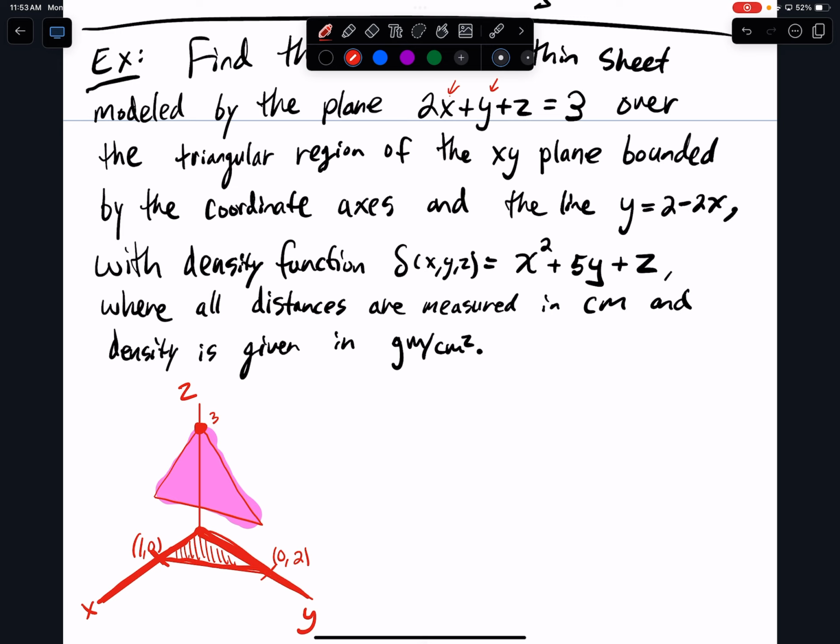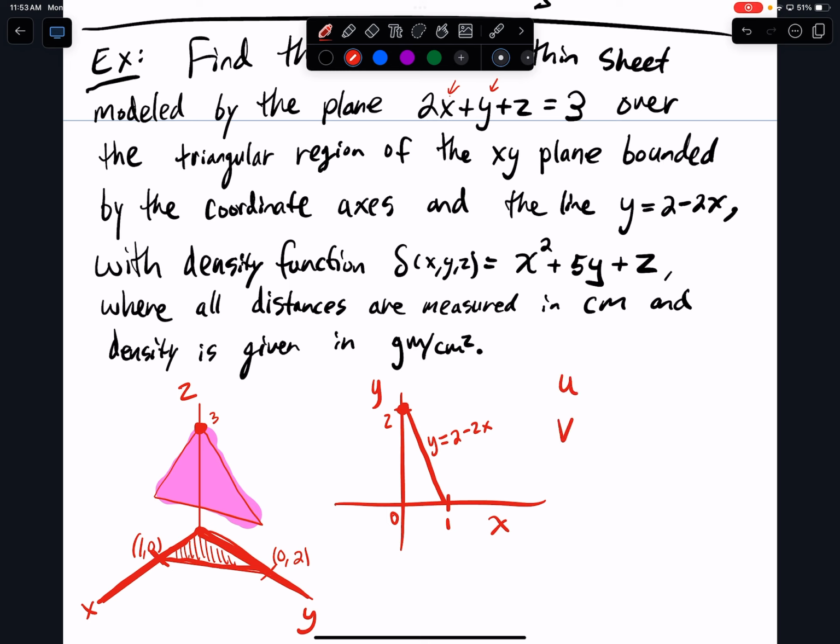All right? So how would I parameterize this? It might help us to redraw this in a little bit more familiar way. So x goes from 0 to 1, and y goes from 0 to 2. Y'all follow what I'm saying here? Okay. So how would I do a u and a v here?